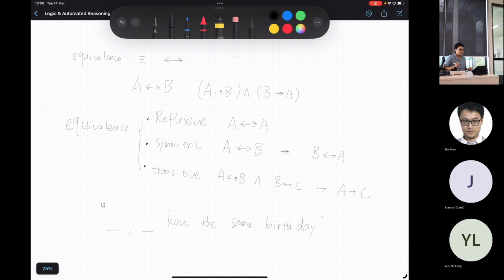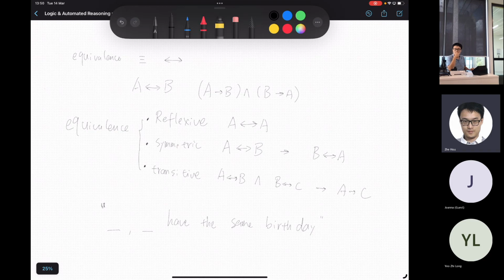And this relation is also transitive. If A and B have the same birthday, and B and C have the same birthday, then we can deduce that A and C have the same birthday. So reflexive, symmetric, and transitive. Therefore, this binary statement is an equivalence relation.